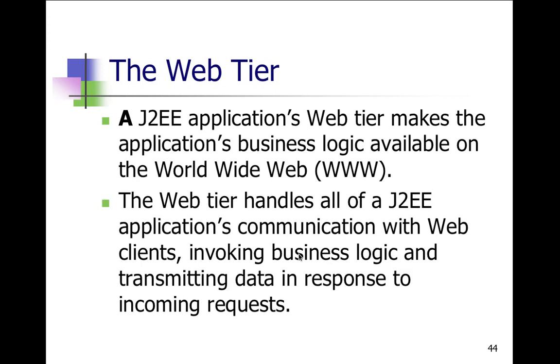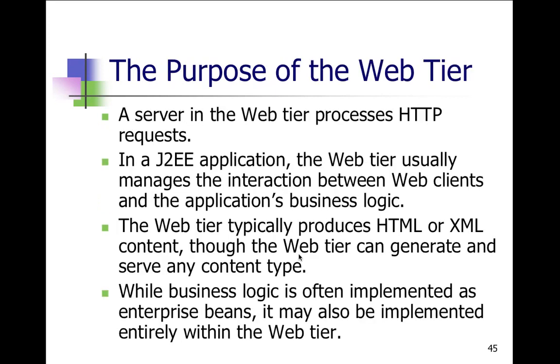And so the web tier handles all of the J2EE application communication with the web clients, invoking business logic and transmitting data in response to incoming requests. Just think about it, it does nothing more than handle clients. In the old days, we had one server people would log into and it would handle everything.